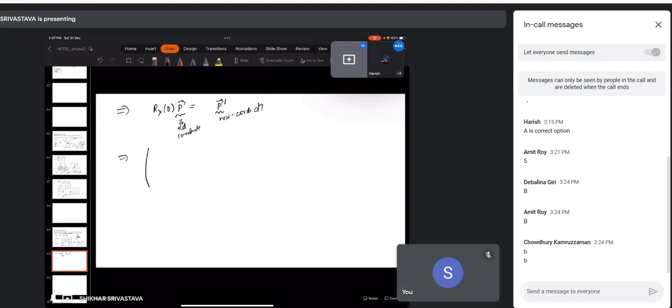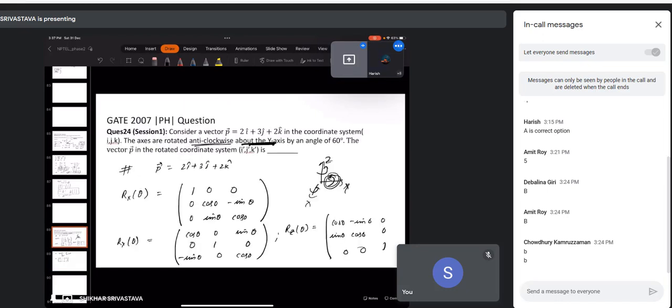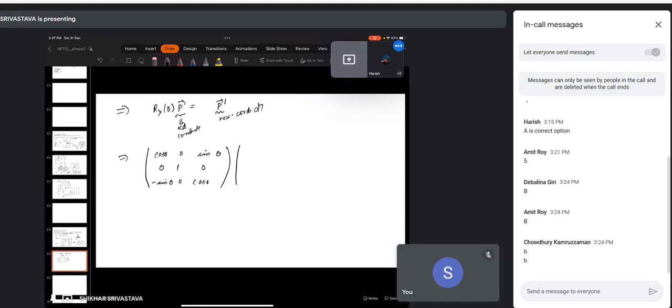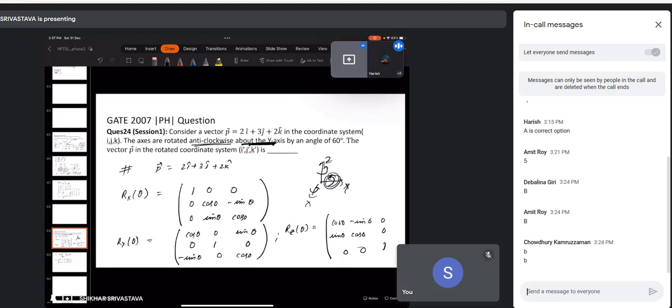Here Ry is nothing but cos theta, 0, sine theta; 0, 1, 0; minus sine theta, 0, cos theta. P is your original vector, which is 2, 3, 2. It has three components: in the x direction it is 2, in y 3, and in z 2.